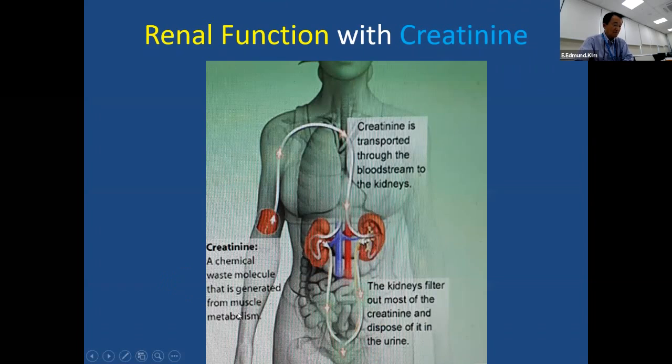Particularly, the muscle metabolic process generates a lot of waste molecules that go through the kidneys by filtration and by active secretion from the tubule. Creatinine is transported from the muscle to the kidneys and goes out.